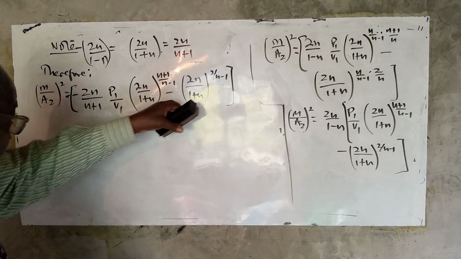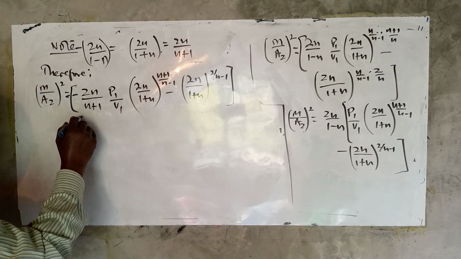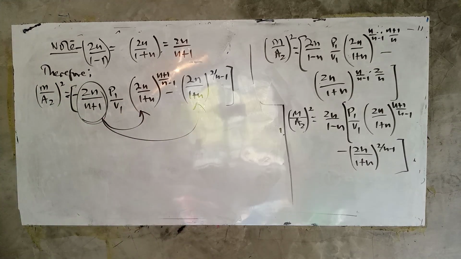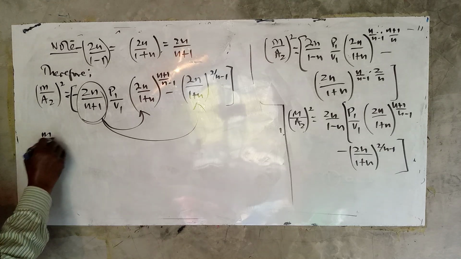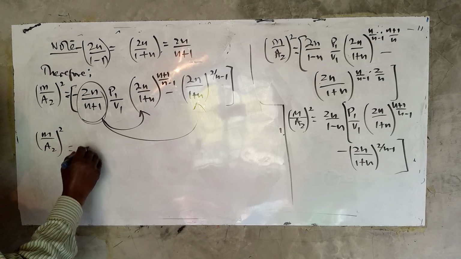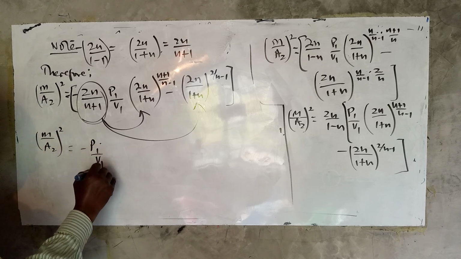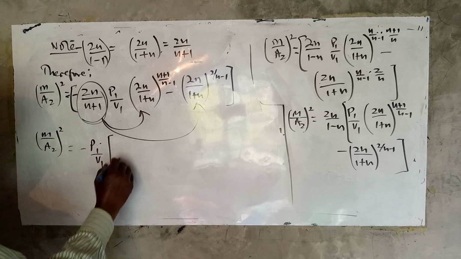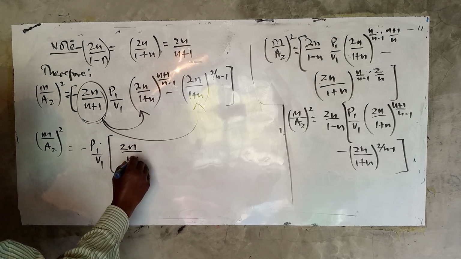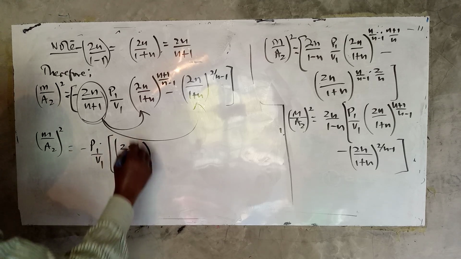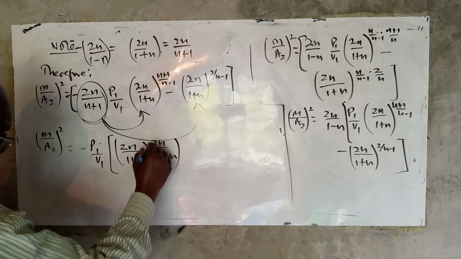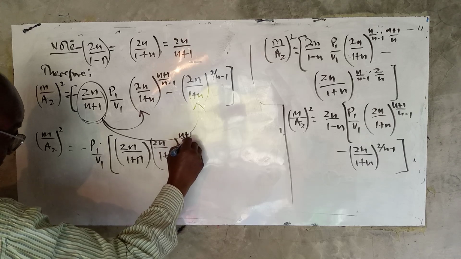So we can insert this quantity. We can rearrange this particular quantity here and insert it here and insert it there. So we will have simply m over a2 squared is equal to minus p1 over v1 into 2n over 1 plus n multiplied by 2n over 1 plus n plus 1 over n minus 1.